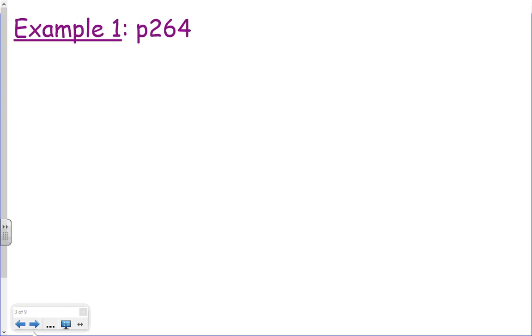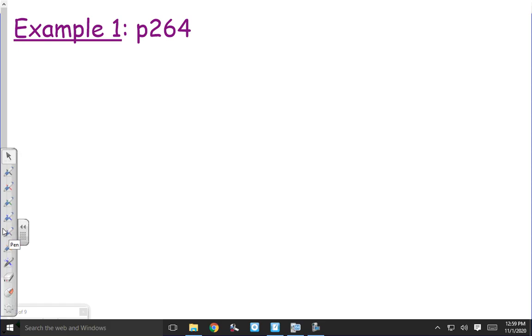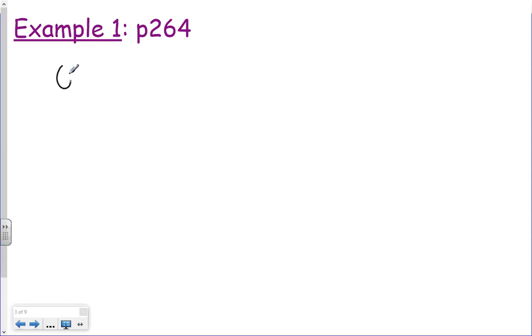All right, so let's take a look at a couple of examples here. If you look at example 1 there on page 264 in your book, example 1 says, evaluate by calculator the 6 trig values of 58.6 degrees and round to 4 decimal places. All right, so I'm going to define this. They didn't call it theta, but I'm going to go ahead and do it that way and say theta is equal to 58.6 degrees.